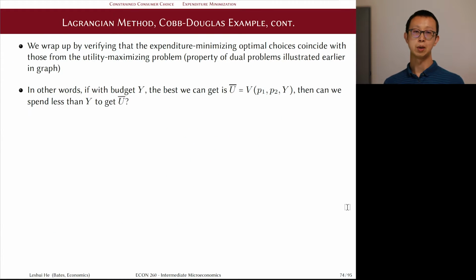One very important message we highlighted when we discussed the graphical solution of the problem and its dual relationship with the utility maximization problem is that they lead to the same optimal choices. And the resulting expenditure will turn out to be the budget Y that we started with in the utility maximization problem. However, the key to all of the duality results is that, as we have emphasized repeatedly, we cannot just set any arbitrary utility level to reach and then hope to get exactly the same budget as the expenditure.